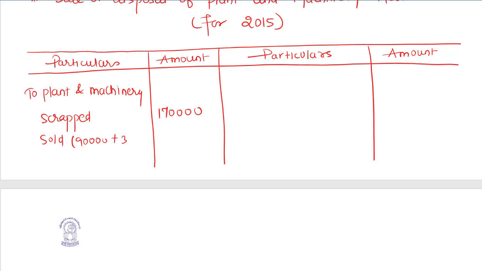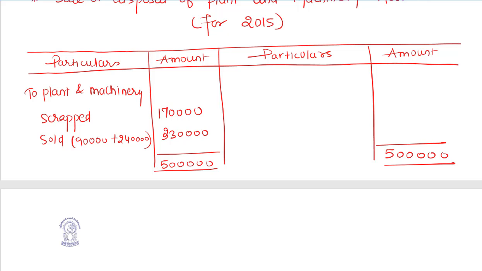90,000 plus 2,40,000 is 3,30,000, totals 5 lakhs.